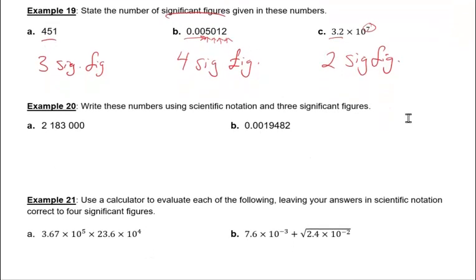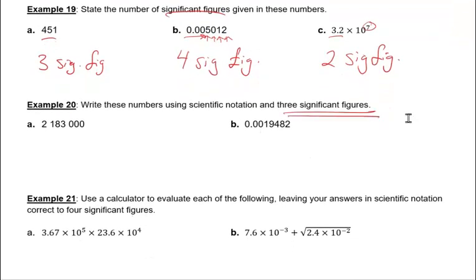Write these numbers using scientific notation with only 3 significant figures. At the moment, how many significant figures do we have? We have 4 significant figures. So we're going to find out how to express this in scientific notation, and then we might have to do a little bit of rounding. We only want 3 significant figures.